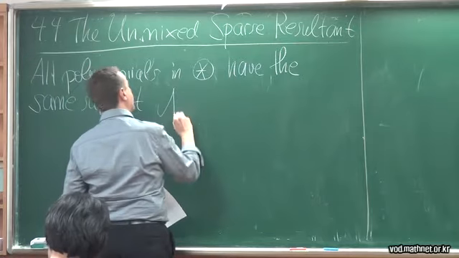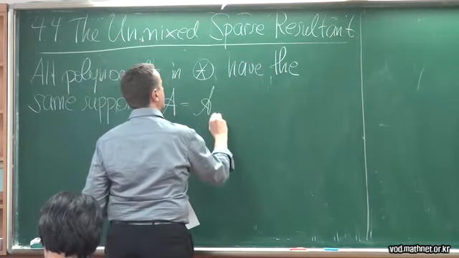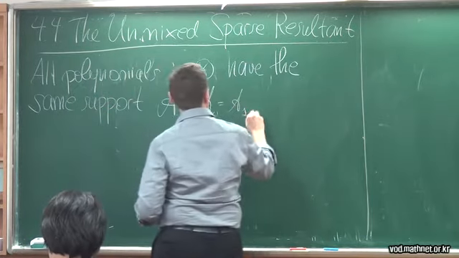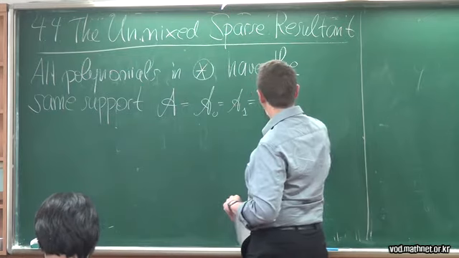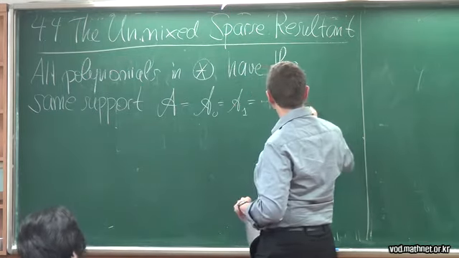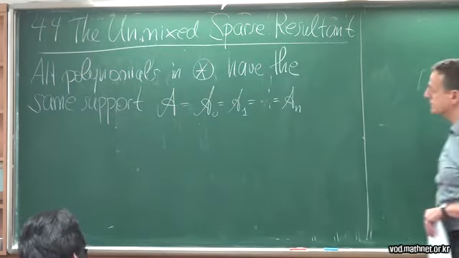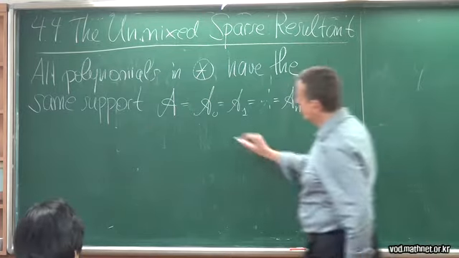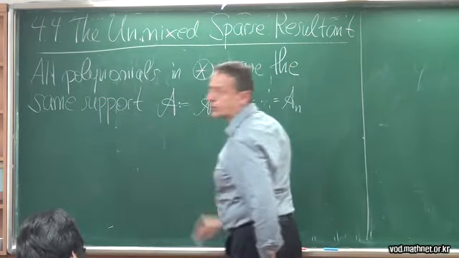I'm going to call that A. So in the notation from half an hour ago, A0 equals A1 equals A2 equals AN, and I'm going to call that simply A. I'm going to drop the subscript.